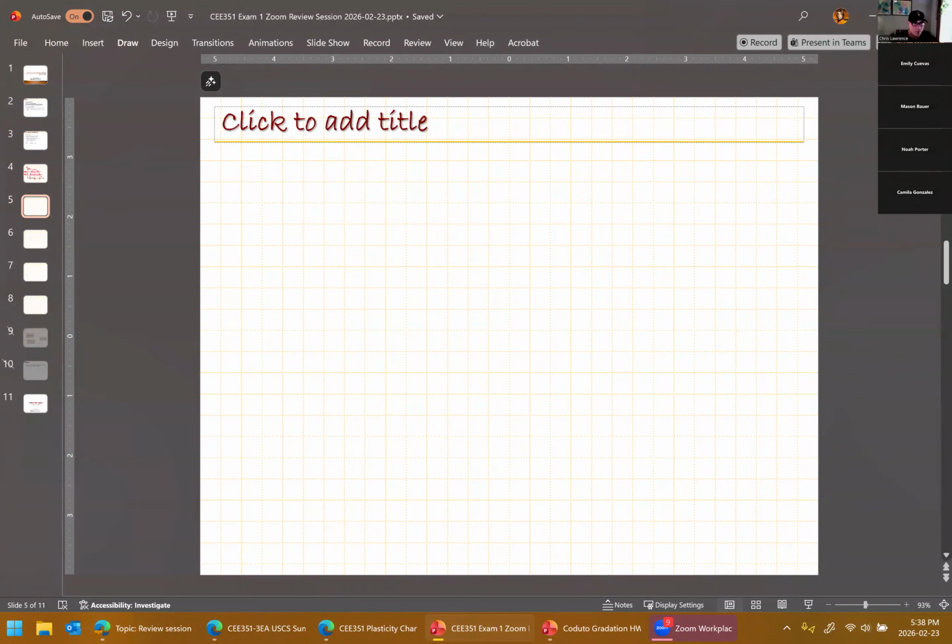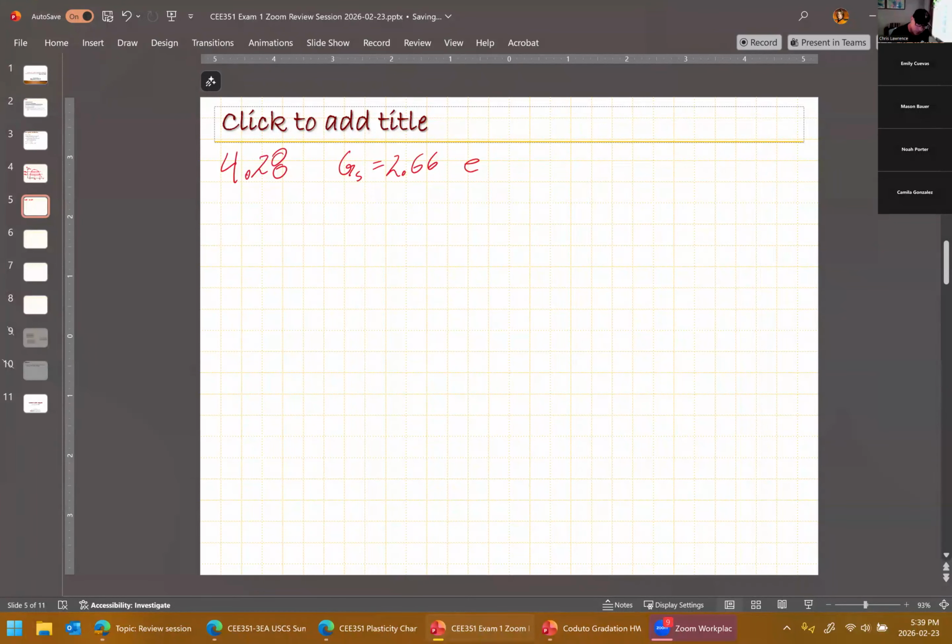So if I look specifically at 4.28, it gives us some information. It says G sub S equals 2.66. We're told that it's a sand. That's not super important for phase relations.